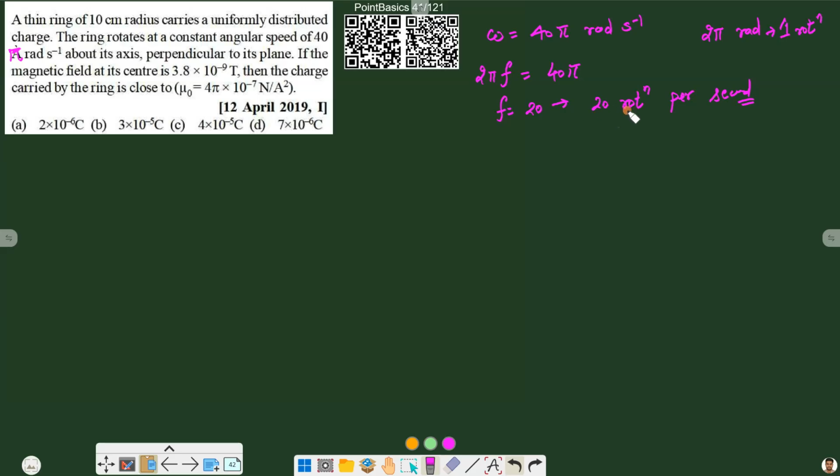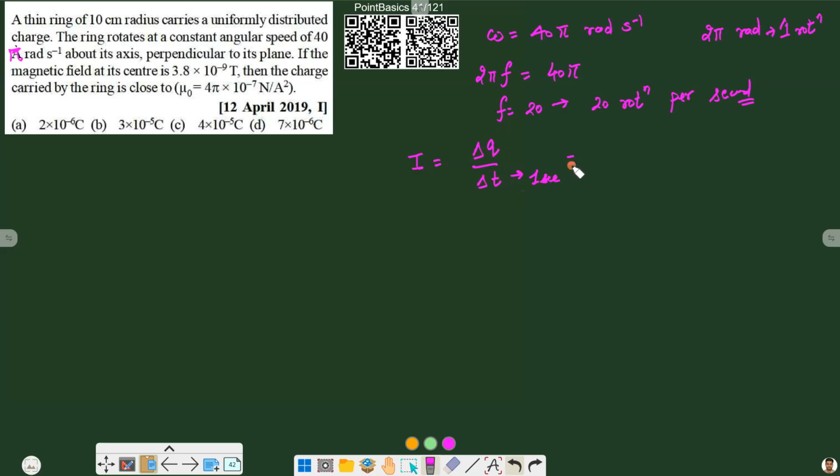Now using these 20 rotations, we can find out the value of current. Suppose the charge is Q, then current I is equal to delta Q, change in charge, by change in time. If we take this time as 1 second, then delta Q will be the charge flowing in 1 second.